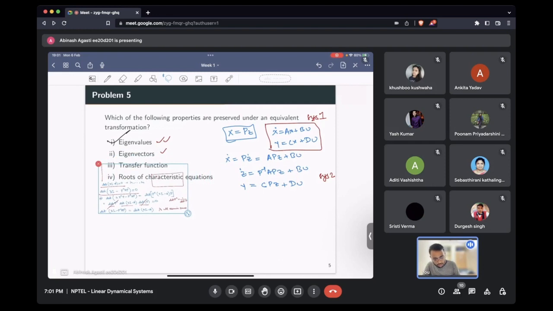So we have one answer which tells us that the eigenvalues will remain constant. Then I want to see whether the transfer function will remain constant or not. First, someone just type up quickly what the transfer function of a system like this is, Y of s by U of s. What do we have?